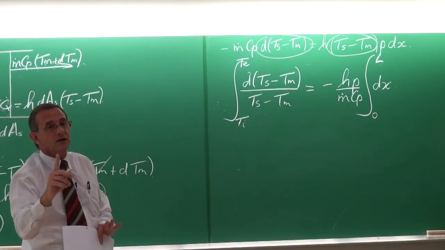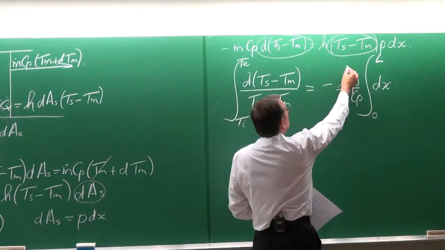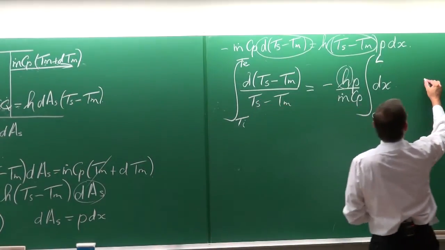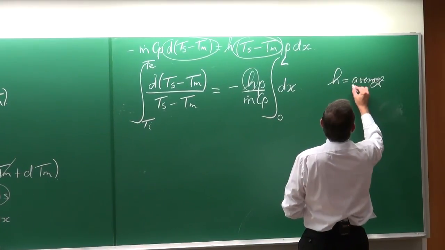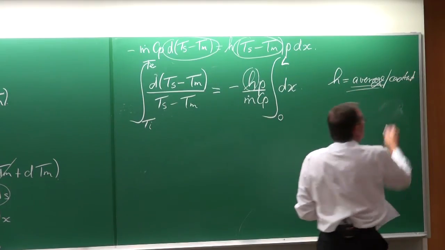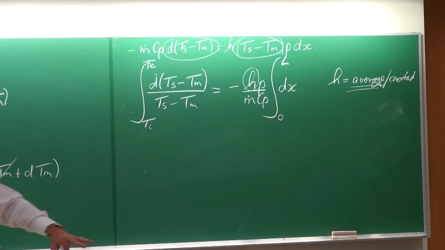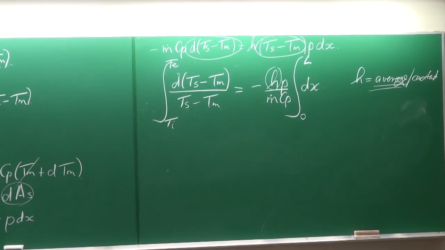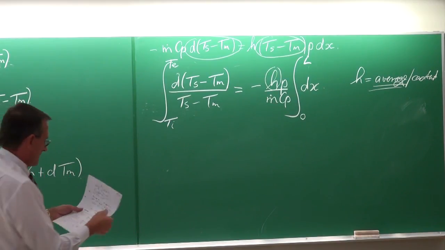However, I've made a very important assumption here: I'm assuming the heat transfer coefficient is a constant. And I can only do that if I can get the average heat transfer coefficient over the whole length of the tube. If I can get the average heat transfer coefficient over the tube, then I can calculate the outlet temperature accurately.